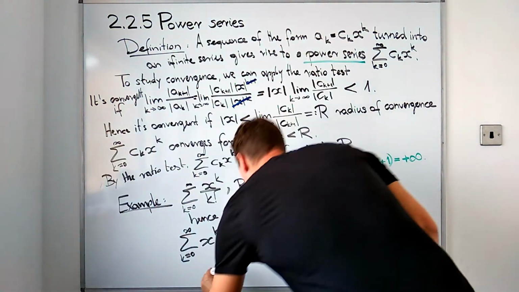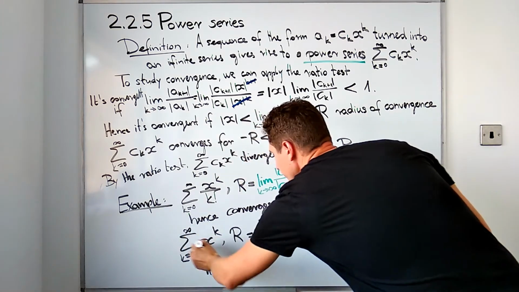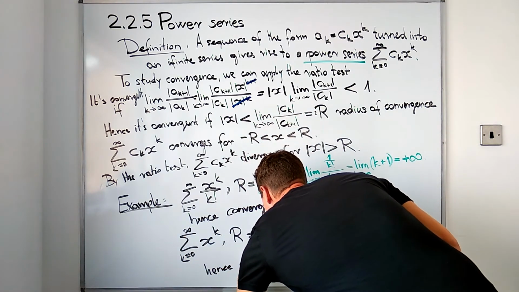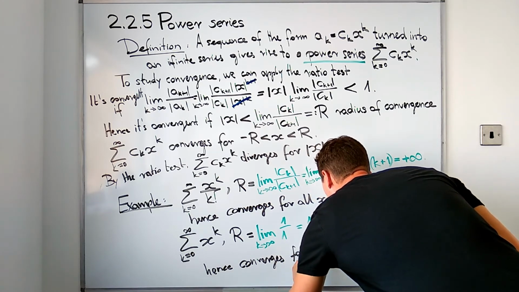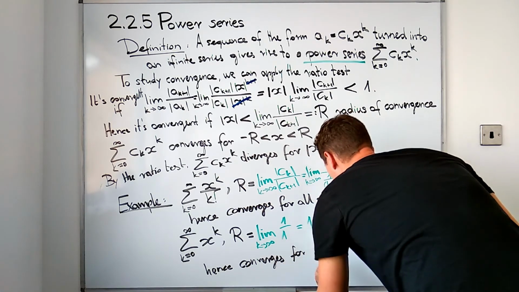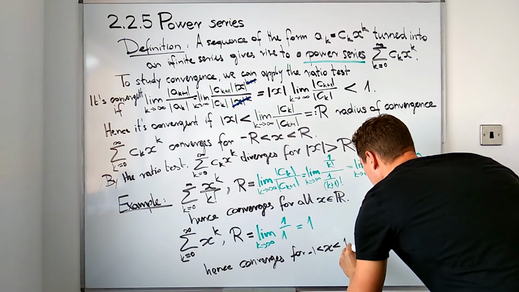What does it mean? It means that our power series converges for values of x that are less than 1 in absolute value, so between -1 and 1.